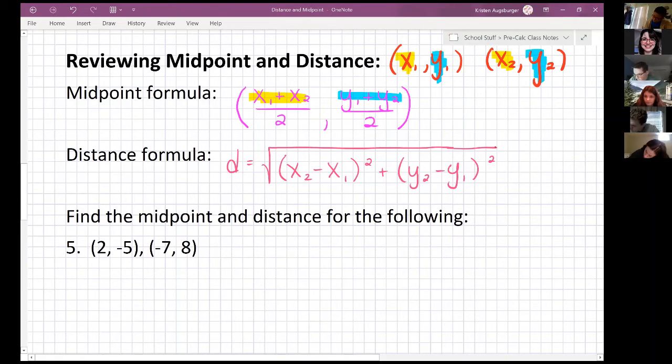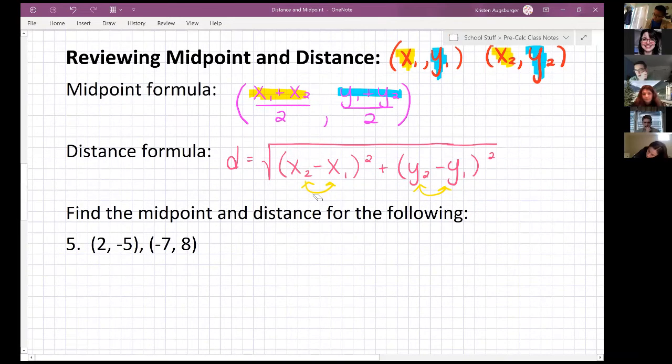What's really nice about the distance formula is I couldn't care less which one of these you put first. You can put the x1, y1 first, or you can mix them up. It doesn't matter whatsoever. I typically deal with x1 minus x2 simply because I like to stick with the same formula as for midpoint, but it does not matter.